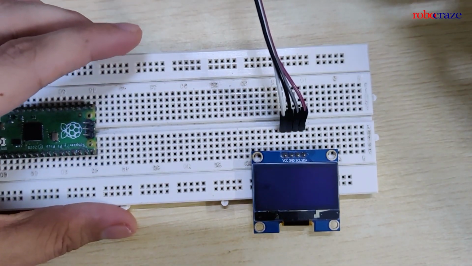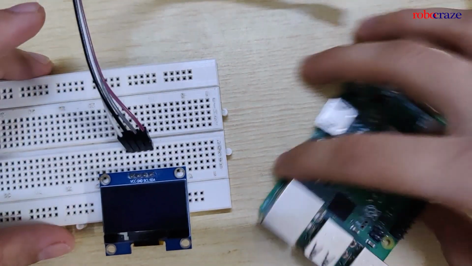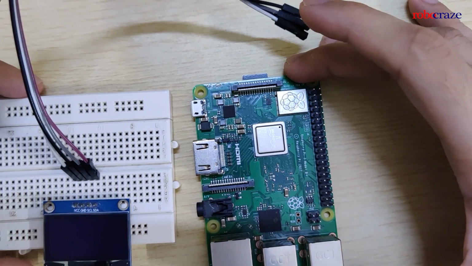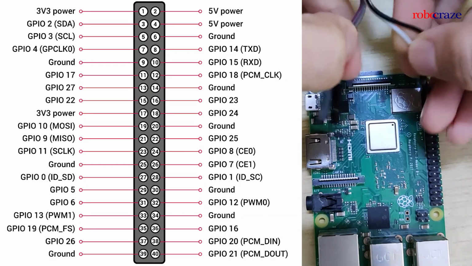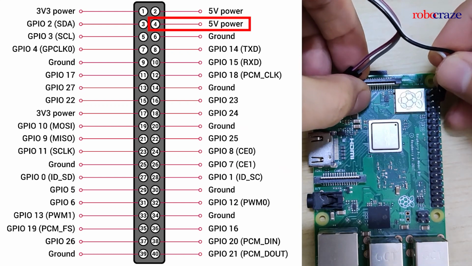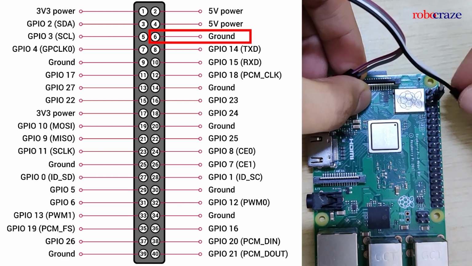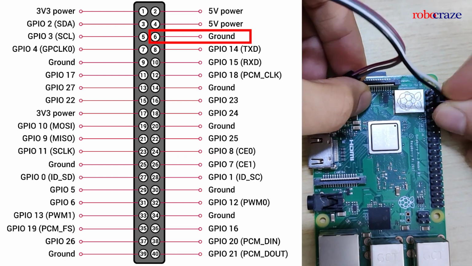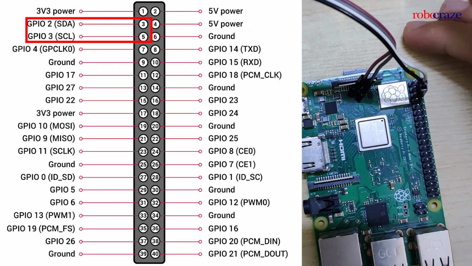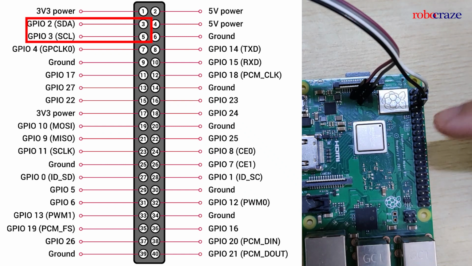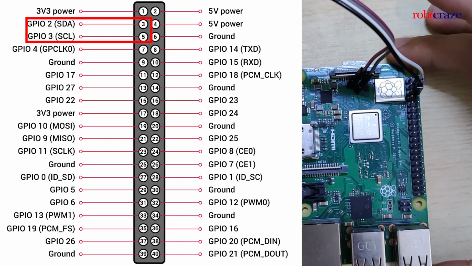Now on the Pi, I'll take the white wire and connect it to 5 volt power, the black wire to ground, and then the SDA and the SCL pins are right next to it. You can see it on the pinout diagram on the screen.